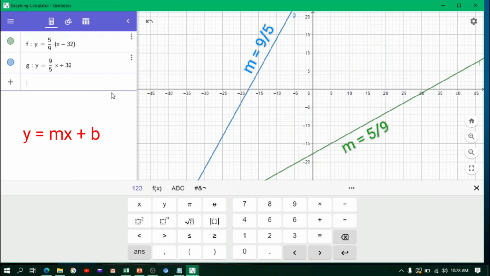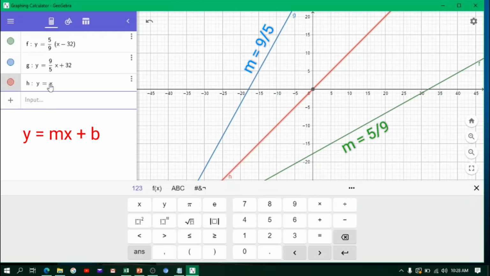And for graphing reference also, we plot the equation y equals x, meaning the slope m of the line is equal to 1, which is at a perfect 45-degree angle.